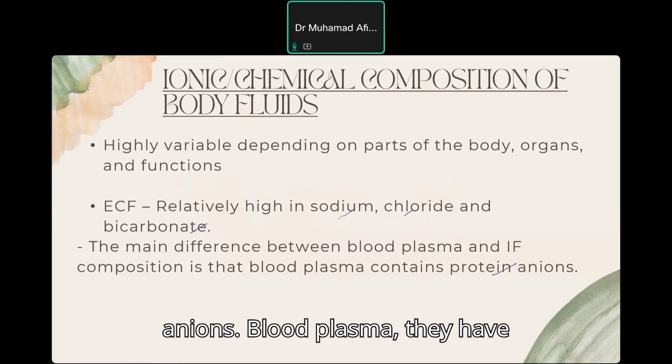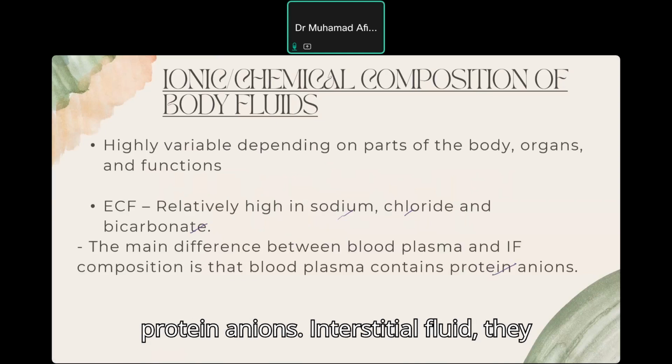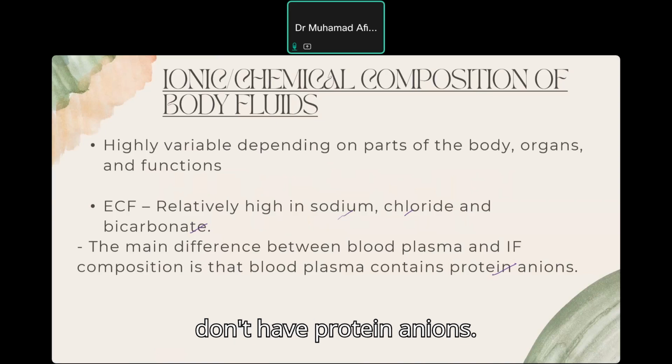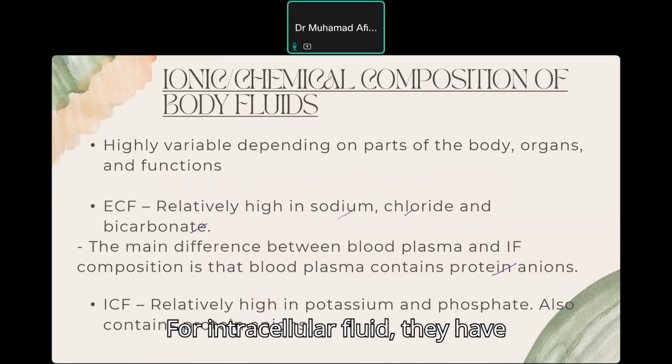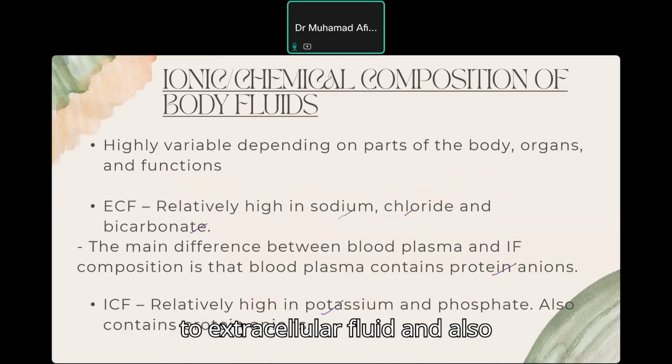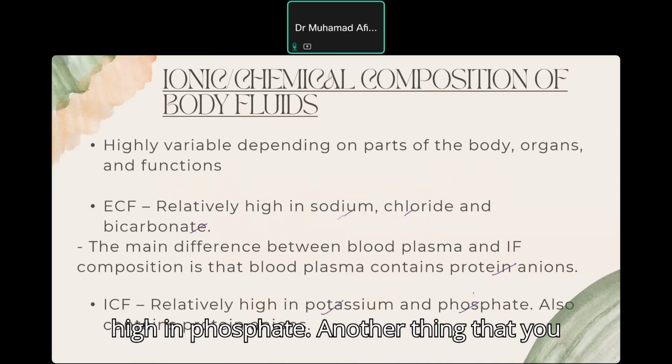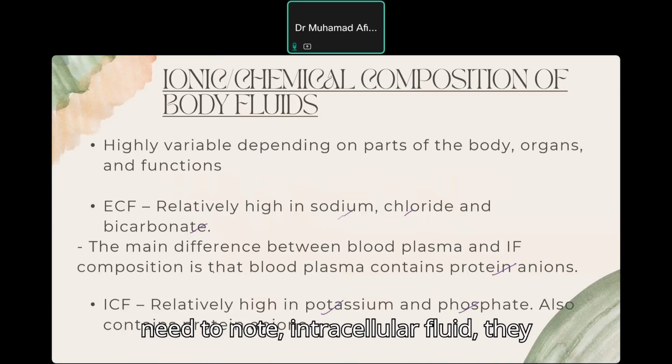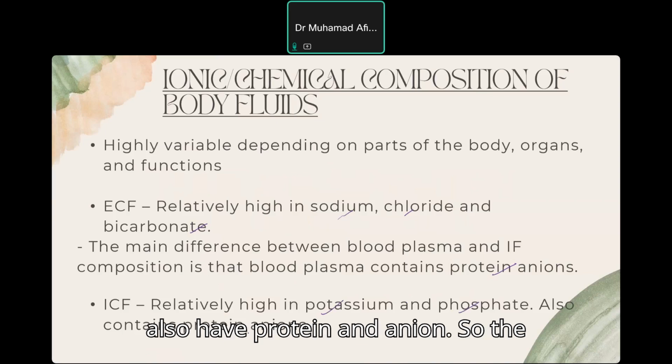Blood plasma has protein and ions. Interstitial fluid doesn't have protein and ions. Intracellular fluid has relatively high potassium compared to extracellular fluid, and also high phosphate. Another thing you need to note, intracellular fluid also has protein and ions.